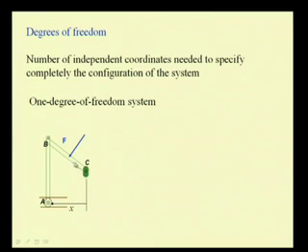So, here you see a link BC pinned at C and the link AB connected by a roller at A, and say some external forces are acting on this system and the system undergoes displacement.